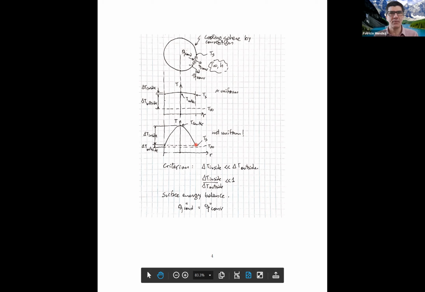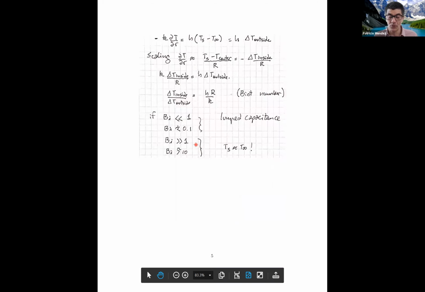This has important implications and makes our life simpler in a different way, a way we don't know how to deal with yet, but we're moving step by step. So now you know when you can use lumped capacitance, not for the quiz on Wednesday, but yes for quiz number 2. And you know when you can use this machinery that we have just studied or not.